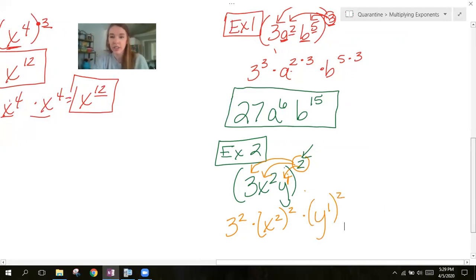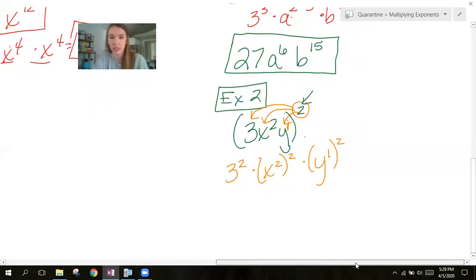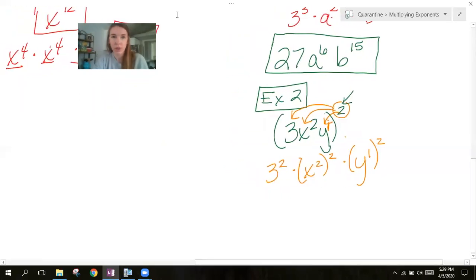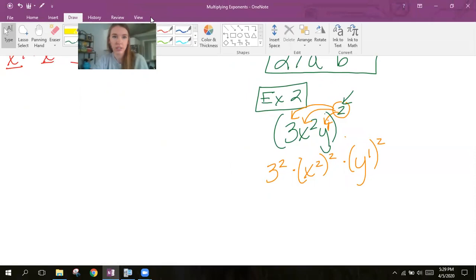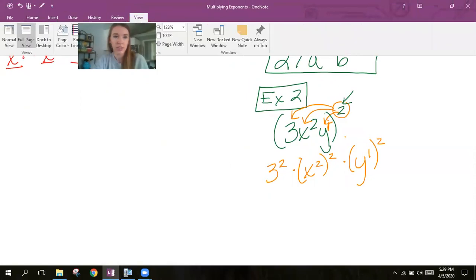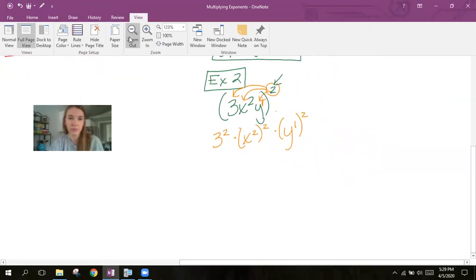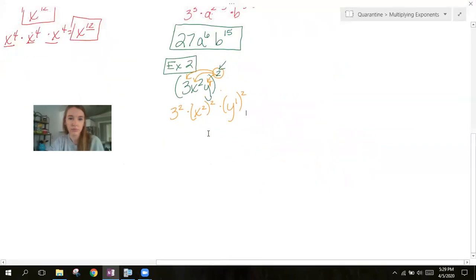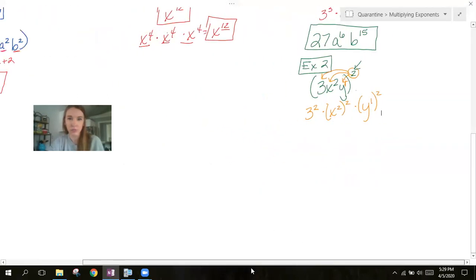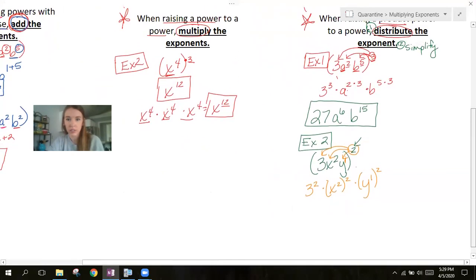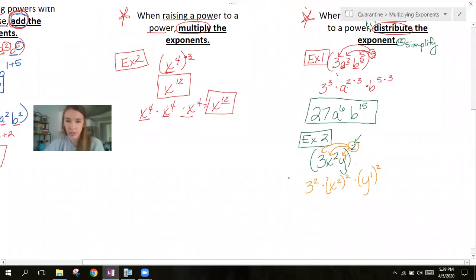Okay, so I'm going to zoom out just a little bit so you can maybe see our last rule, and see how they're linked together.